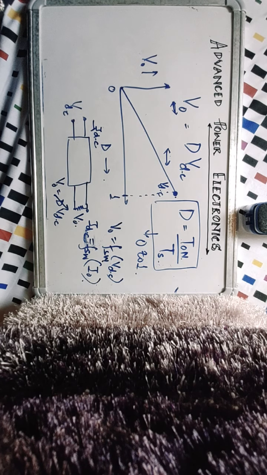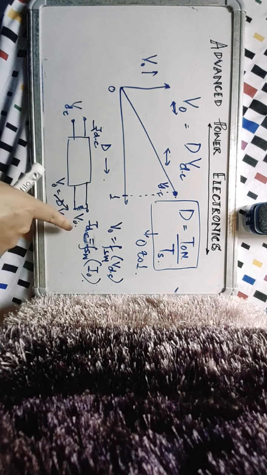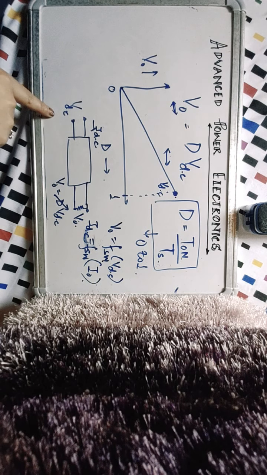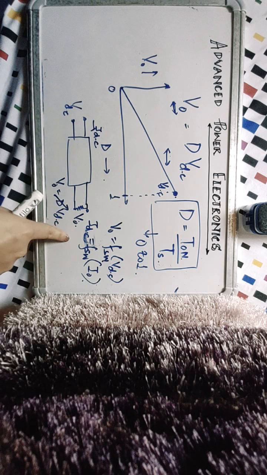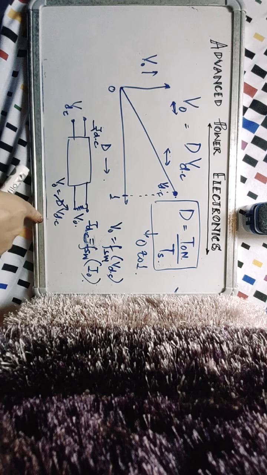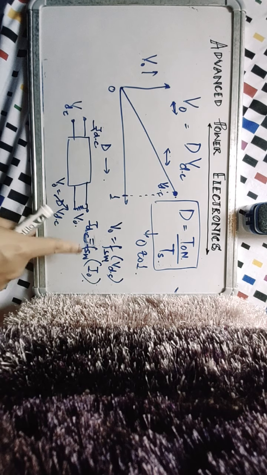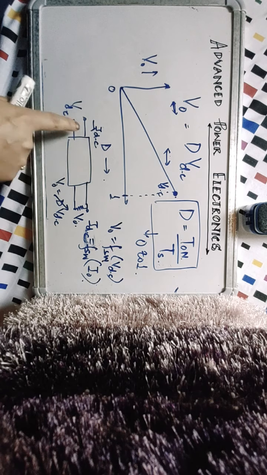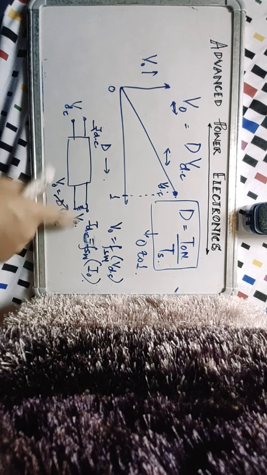Imagine it like a two-port network. You have a fixed input DC. The output is a switching function of this input DC, the output voltage. Once the output voltage is decided as a switching function of the input voltage, the output current becomes fixed because the load is fixed, the load resistance is fixed. And once the output current is fixed, the input current becomes a switching function of your output current.